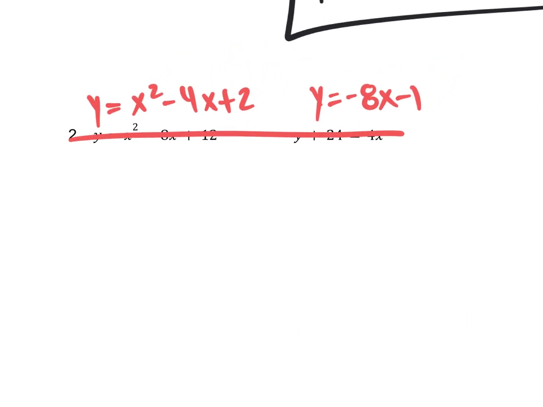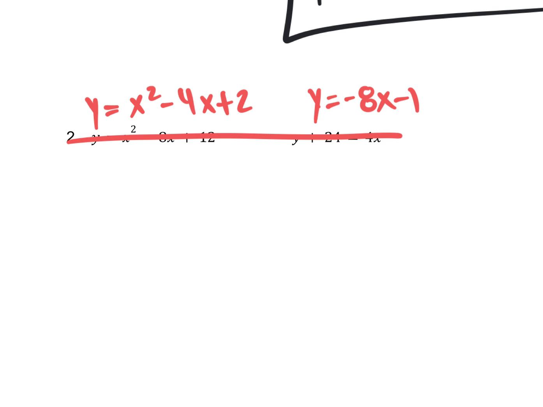For this problem, we're going to do the same steps. Notice these are already solved for y. So step 1 is to set them equal to each other. Step 2 is to make it in standard form. So I need to move everything to one side.